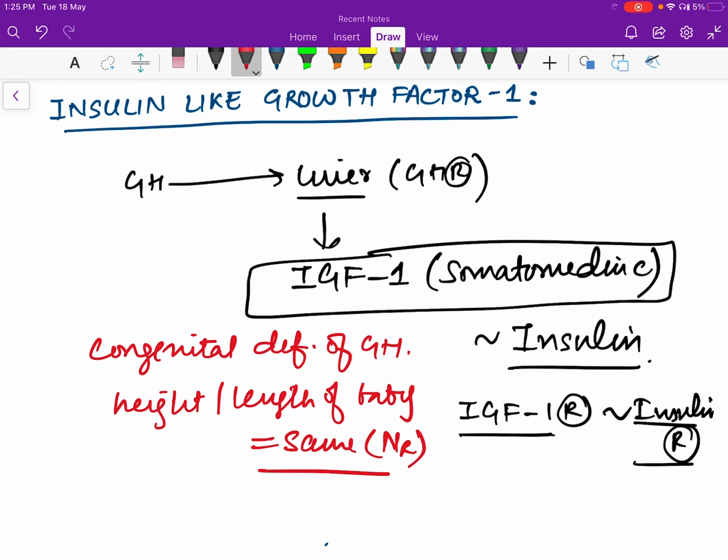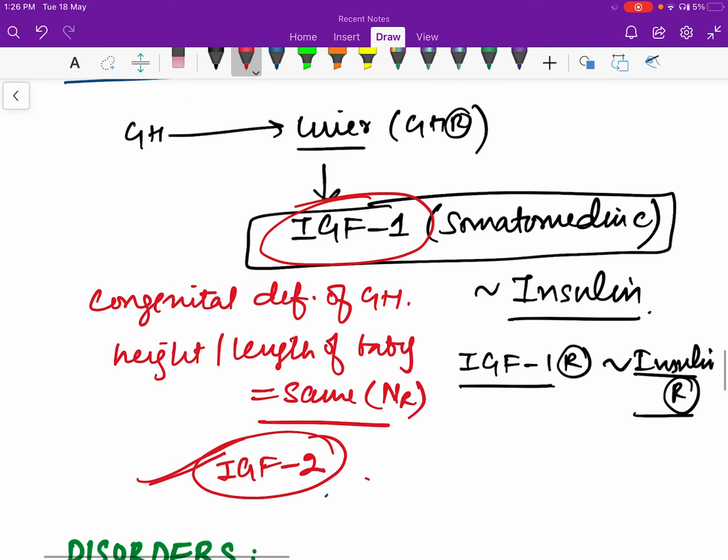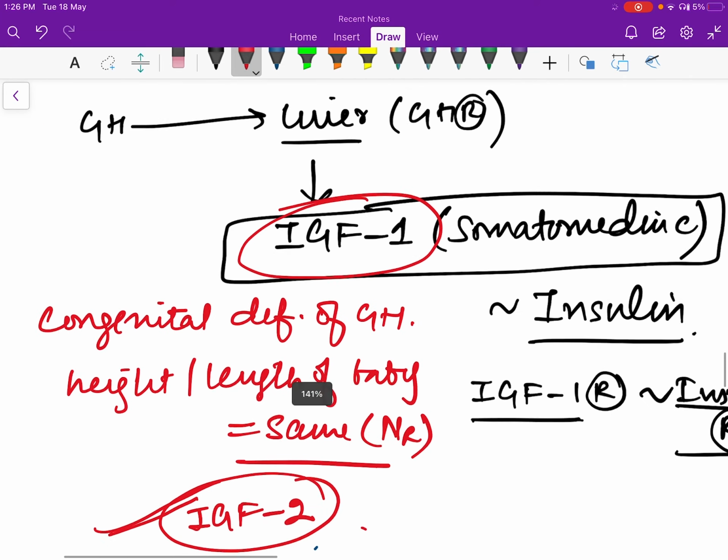It is because in intrauterine life, it's not insulin-like growth factor 1 that maintains the length of the baby, but insulin-like growth factor 2, which has nothing to do with growth hormone. So there will be normal length of the baby, but after birth the bones are not going to grow, so there will be dwarfism.